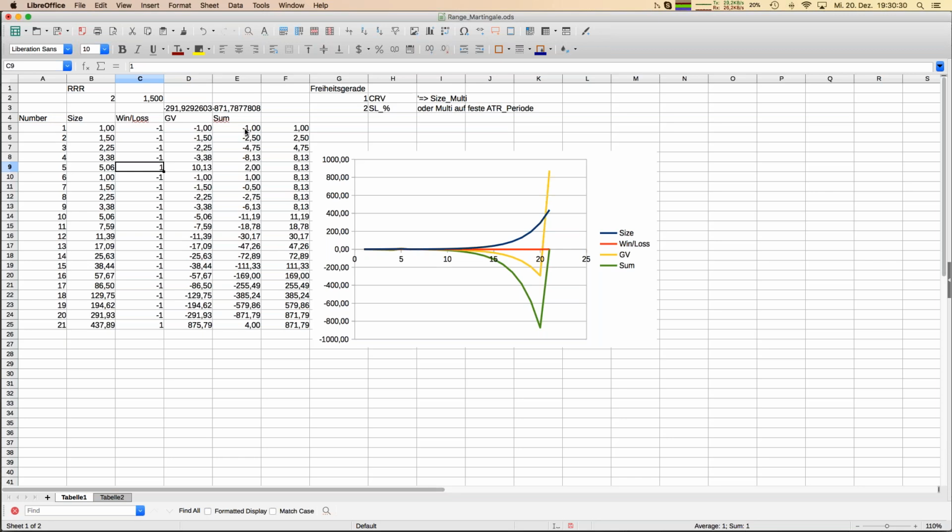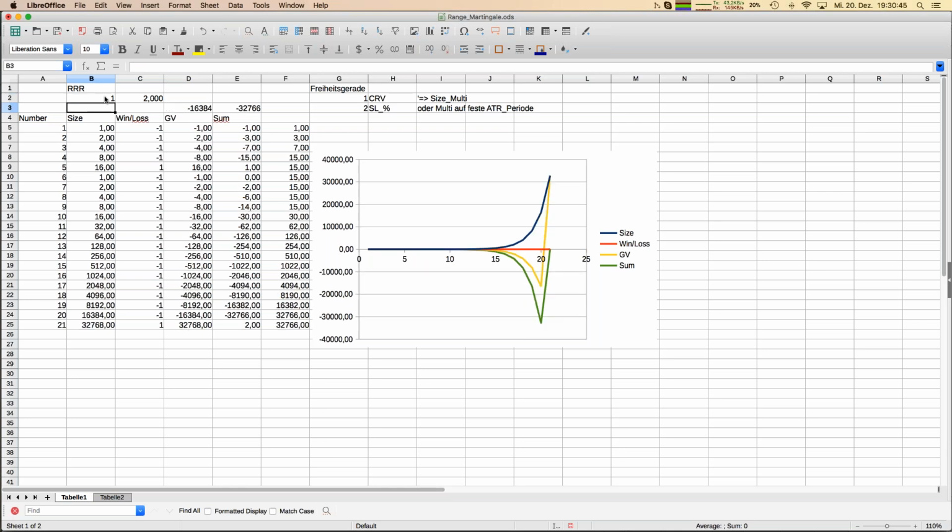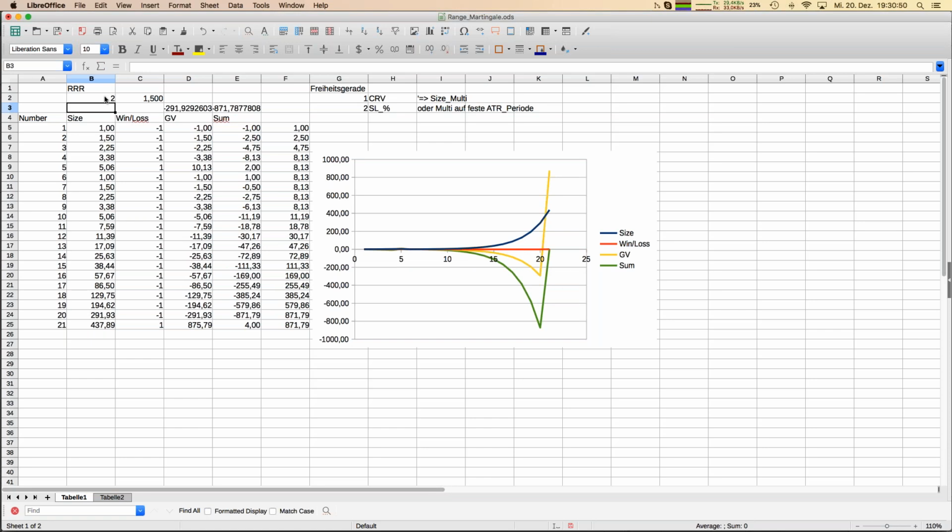So all the losers before have been recovered. But now the difference is, after 5 trades, we are at a factor of 5, and not, as before, at a factor of 16. You see what happens? We don't need to increase our risk value by such a big factor like in the previous case.